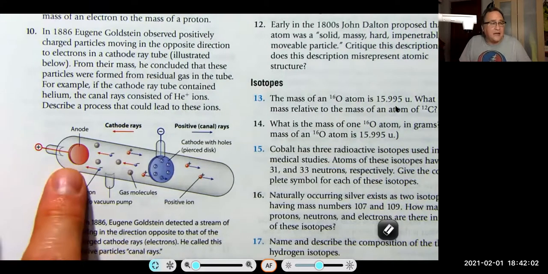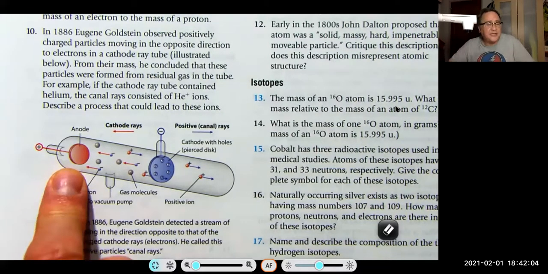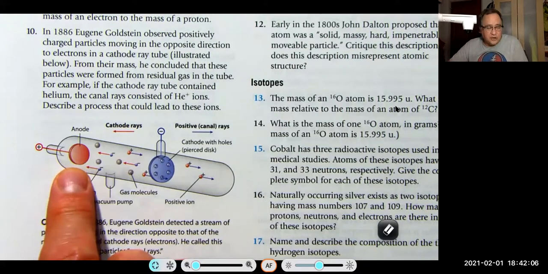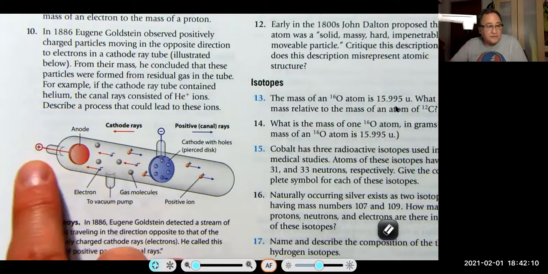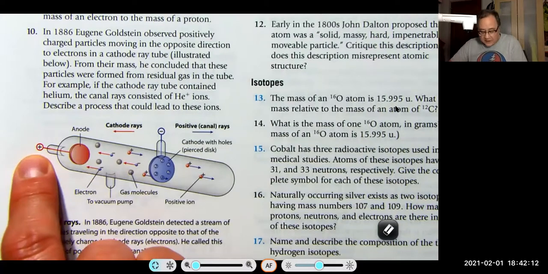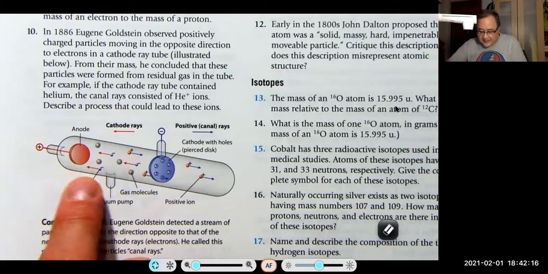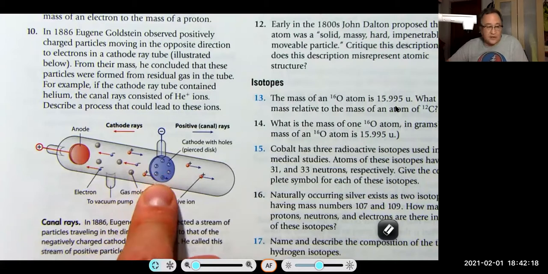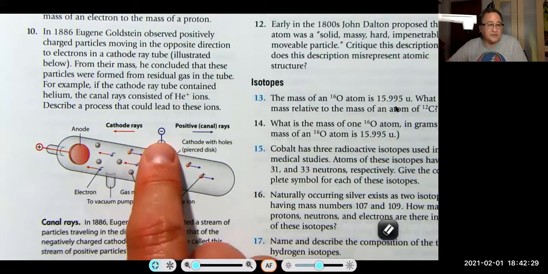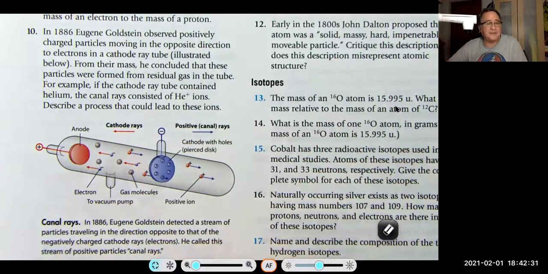It's called an anode because it attracts negatively charged particles. And so here the anode is positively charged because opposites attract. This is the cathode, and cathodes are called cathodes because they attract positively charged particles. And to do so, they have to be negatively charged because opposites attract.